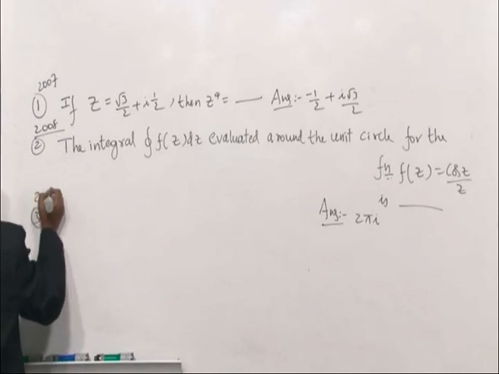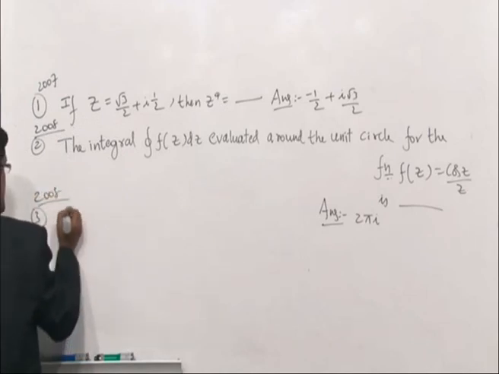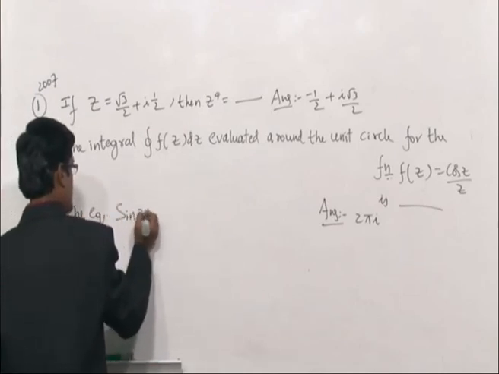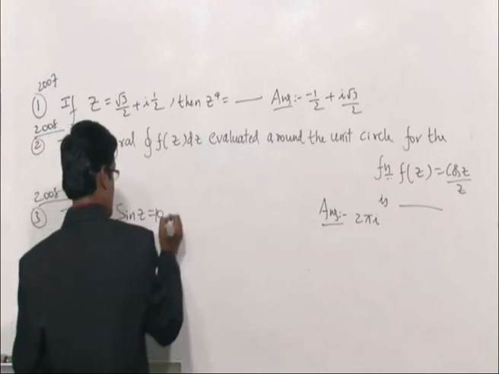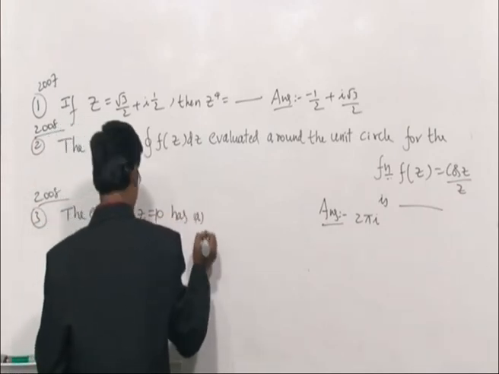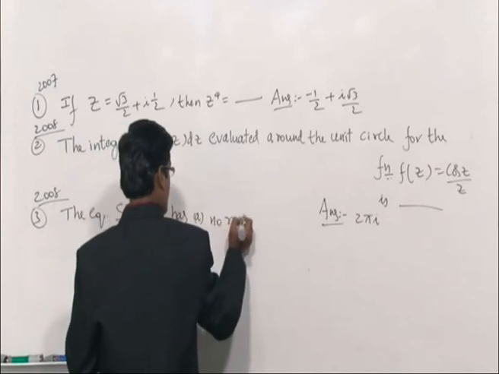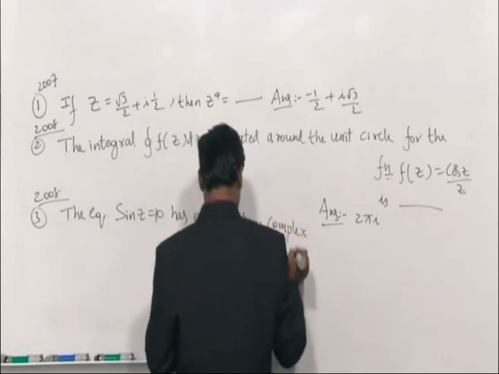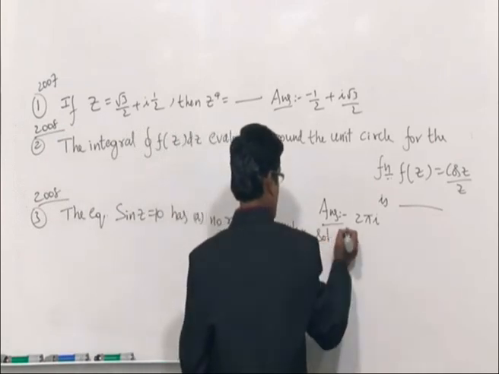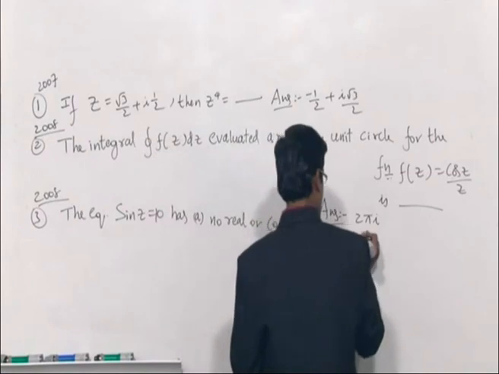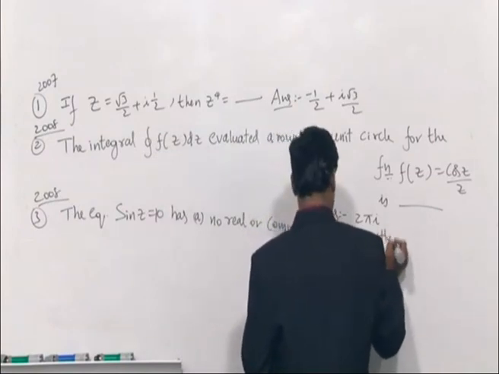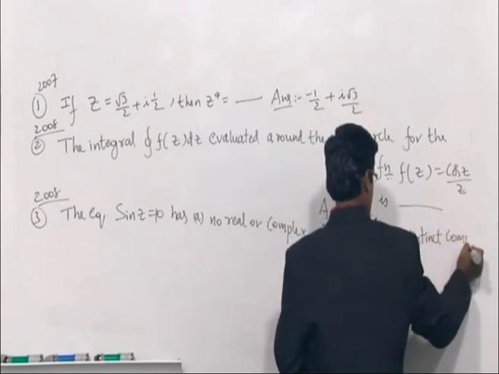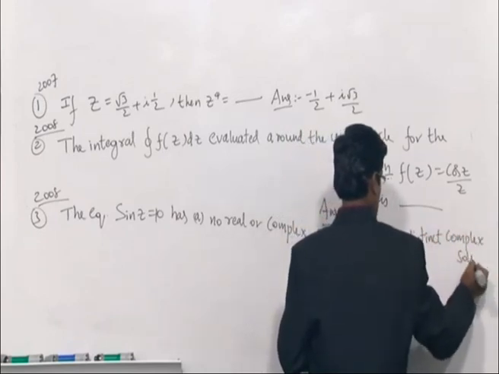This is given in 2008. The equation sin z is equal to 10 has options: A, no real or complex solution. Option B, exactly two distinct complex solutions.